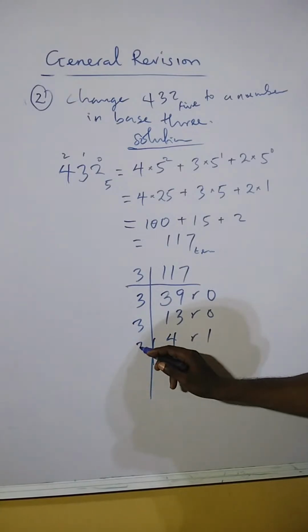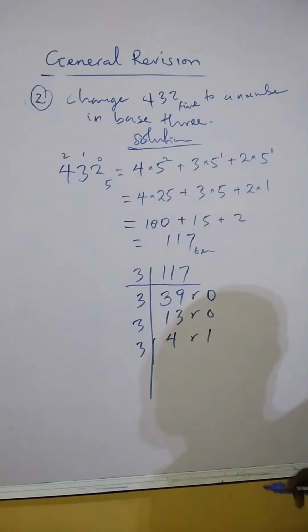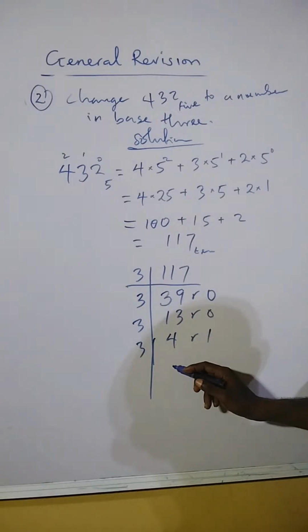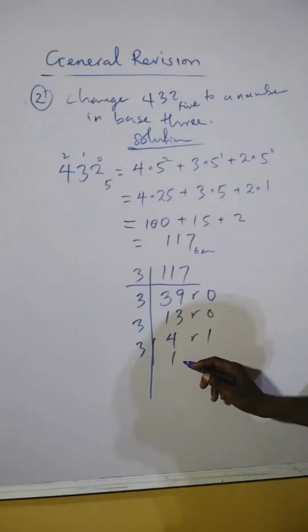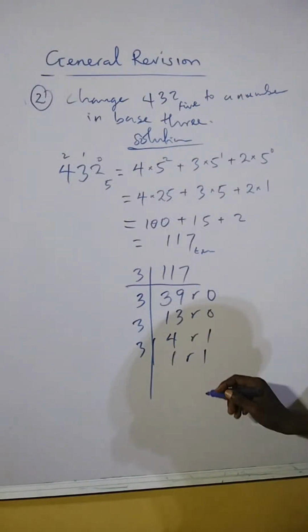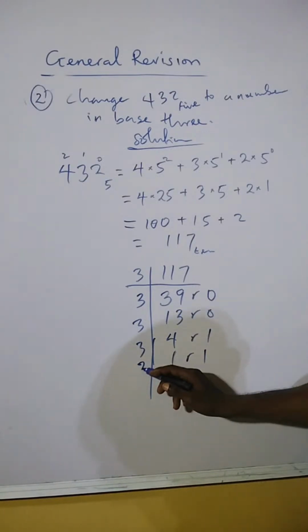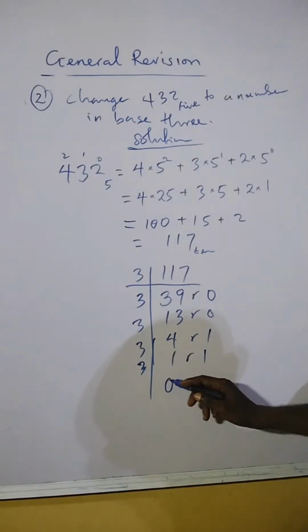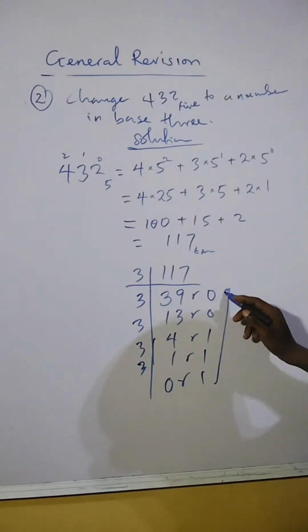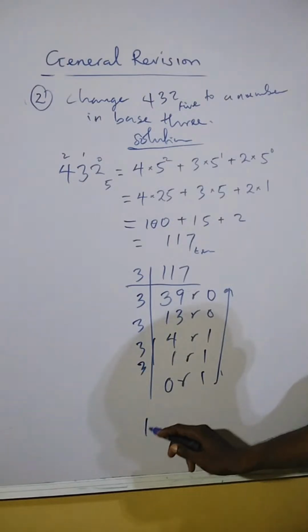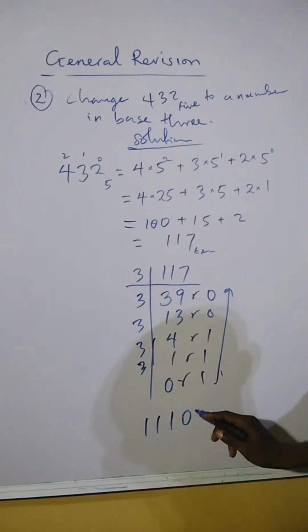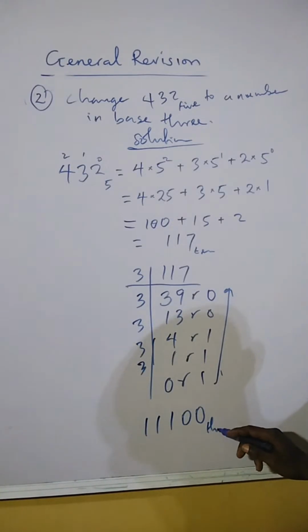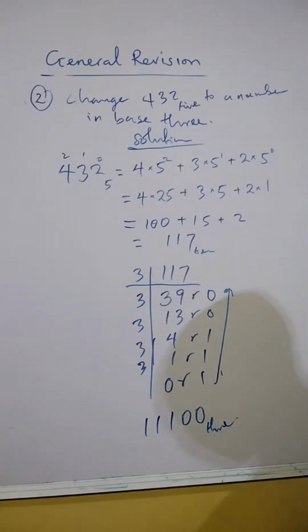And 3 goes in 4, remainder 1. 3 goes in 1, 0, remainder 1. So here we have the answer. From bottom up that will be 1, 1, 1, 0, 0 in base 3. So we have changed now from base 5 to base 3.